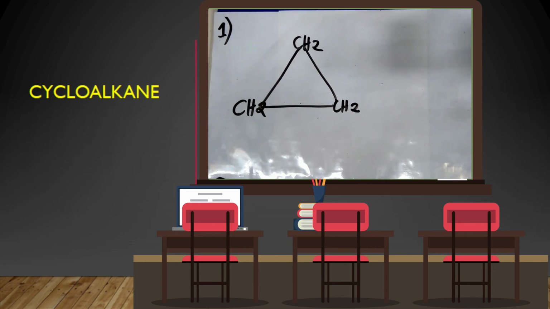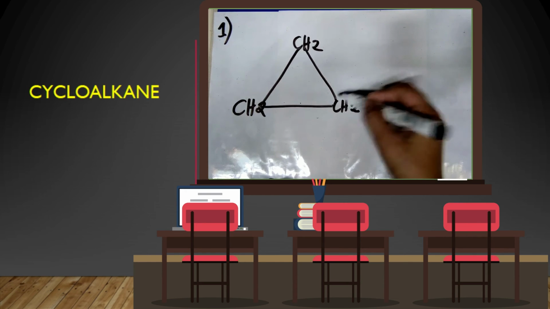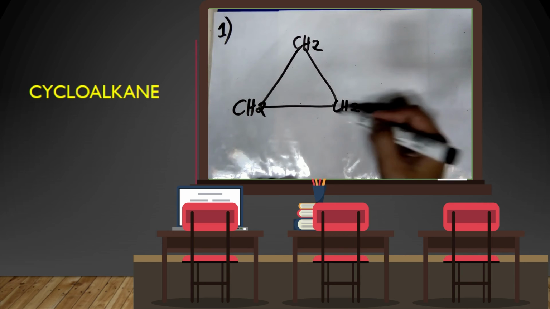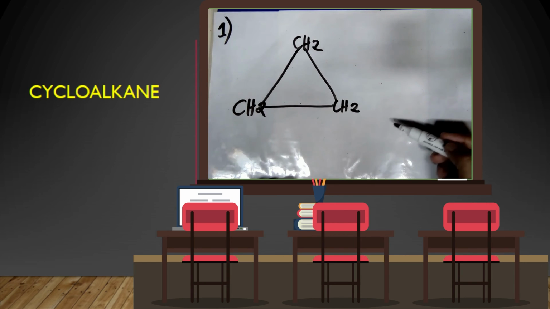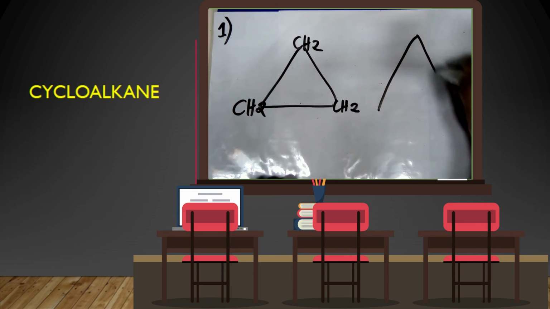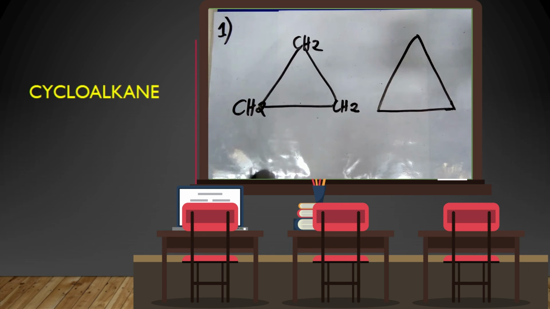So how are we going to name this cycloalkane here that contains 3 carbon atoms? So every point again of this structure contains carbon atoms. So we can also represent that one ng ganito lang. Triangle lang. So, let us count the longest chain.